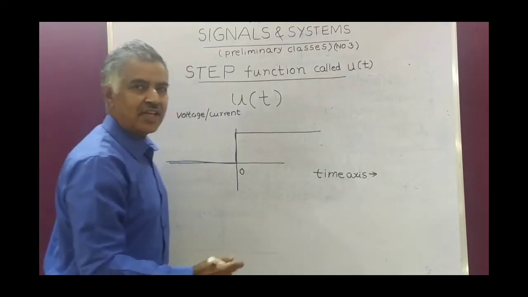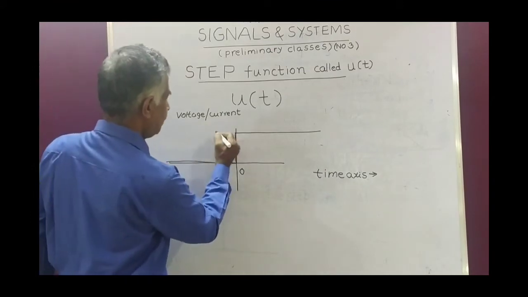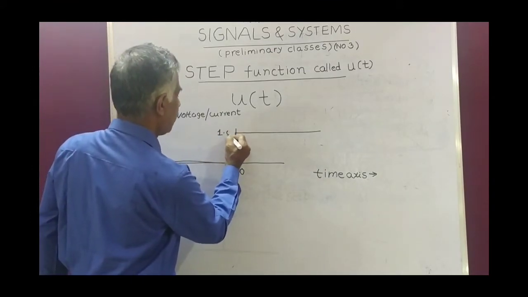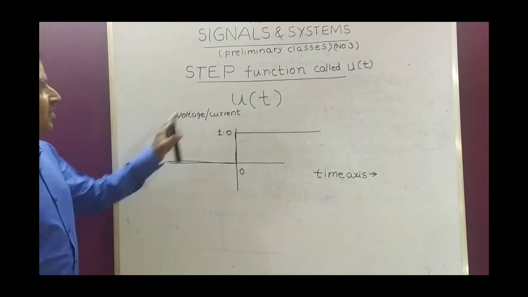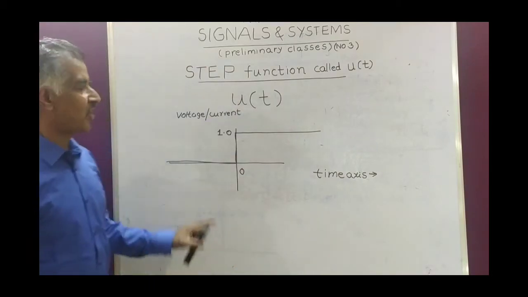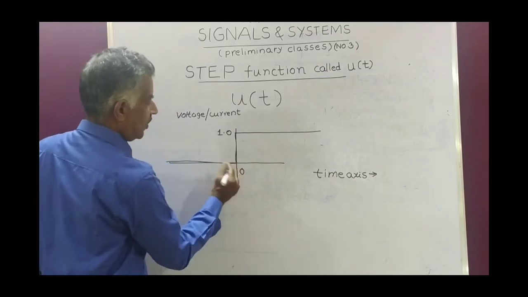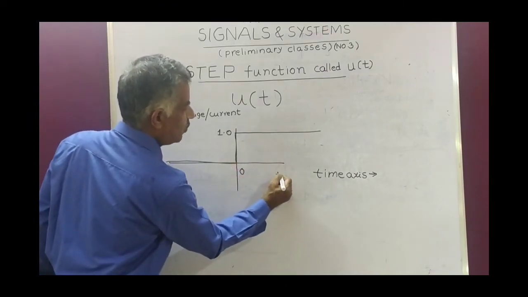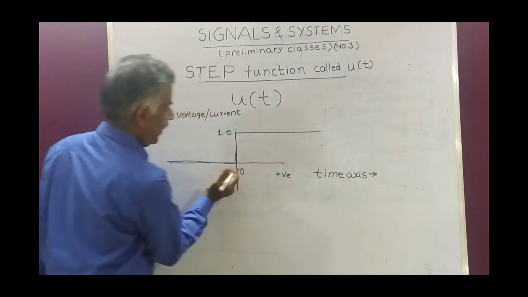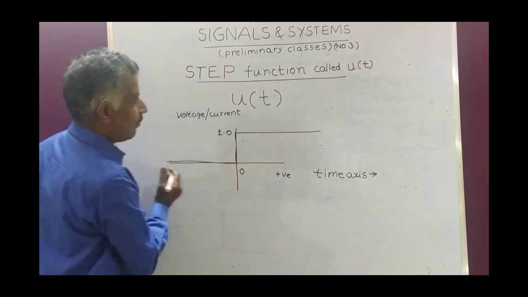The Y axis is a voltage or current axis, and the x axis is the time axis. And this value is 1. So this is what is called a step function, u(t). This is the time axis, this is the origin. Positive values of t are here, negative values of t on this side.